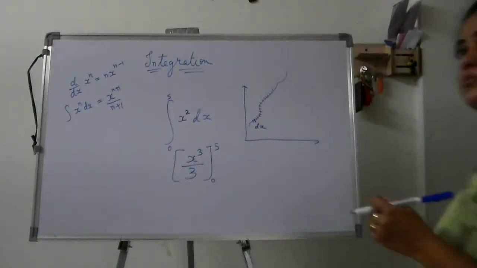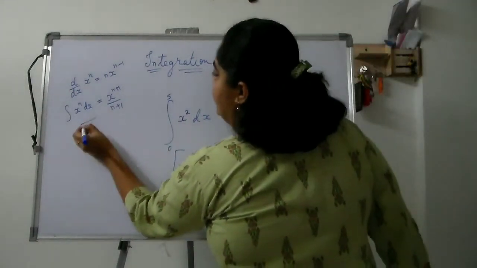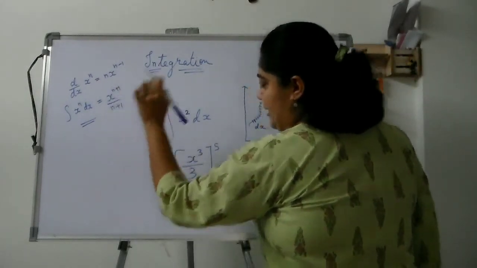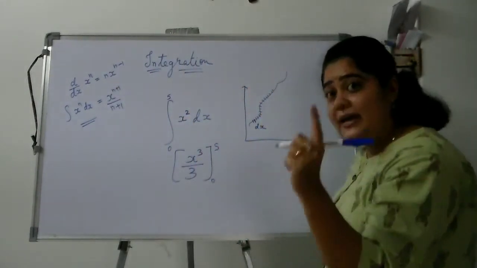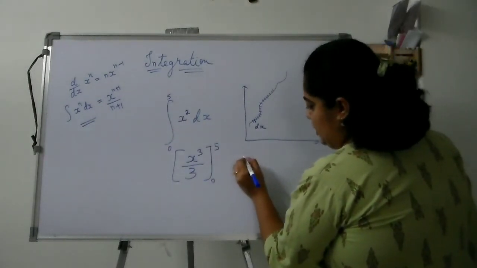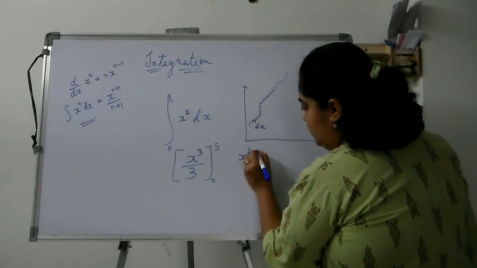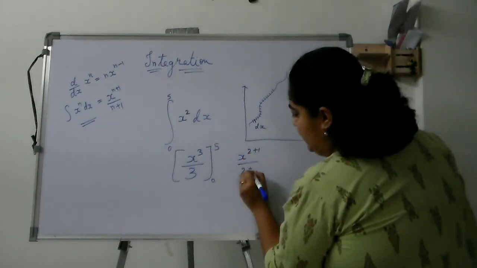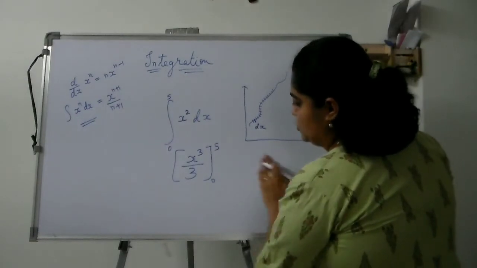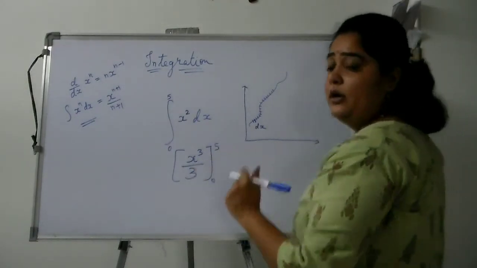Is this much clear? So the formula for integration is x raised to n plus 1 upon n plus 1. So the x square that we had became x raised to 2 plus 1 upon 2 plus 1, which is nothing but x raised to 3 upon 3.